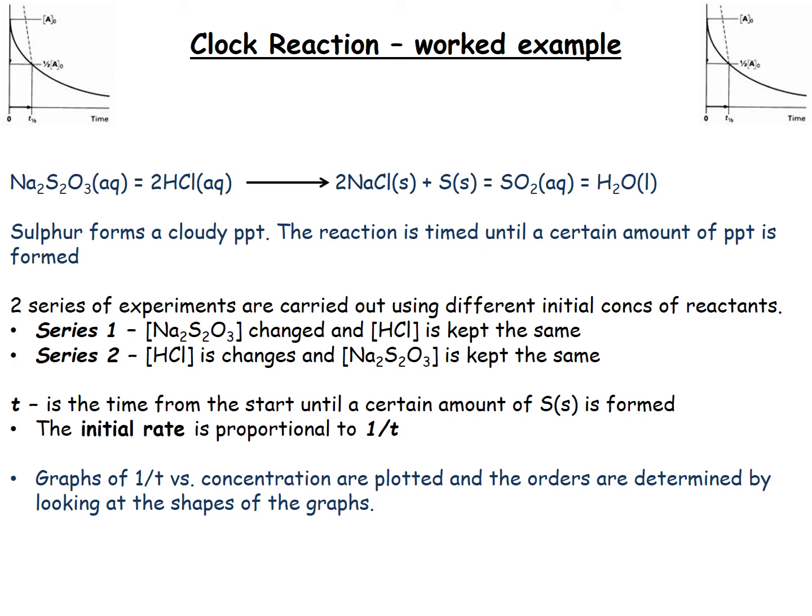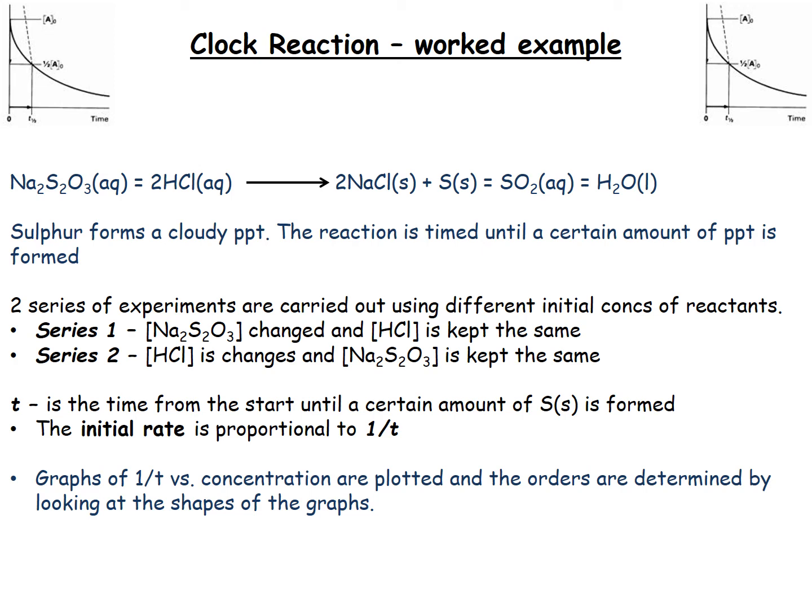where it caused a cloudiness, a precipitate, I couldn't think of the word, and you time how long it takes for a certain amount of precipitate to be seen. We would do an experiment where we kept the concentrations the same, and then we would change one, maybe the hydrochloric acid or the sodium thiosulfate, but you keep the other the same, and then you would time how long it took for a certain amount to be formed.